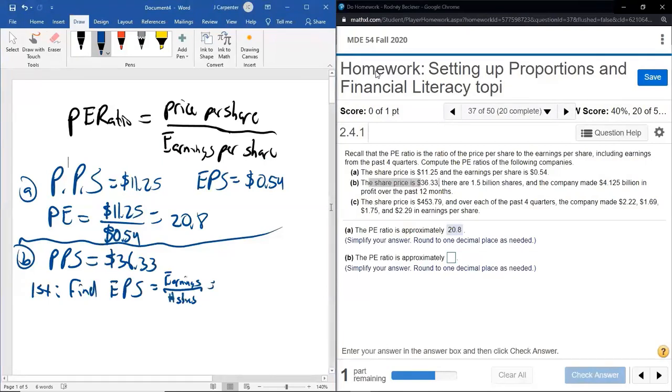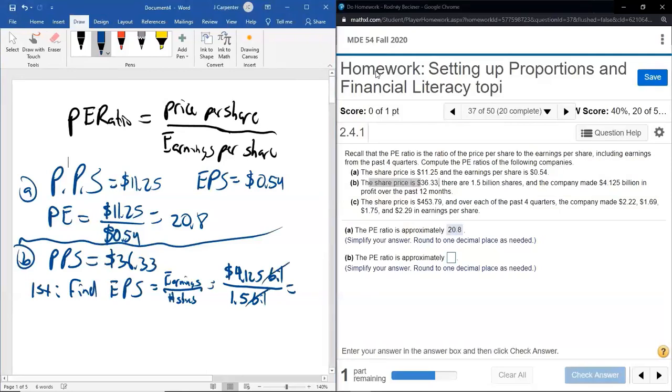Oh, no, we can't do the problem. Yes, we can. Earnings means profit. That was 4.125 billion. So since both of these things are in billions, we can just leave that with the units there. So $4.125 billion. And then the number of shares was the 1.5 billion. So 1.5 billion shares. So that's the division we're going to do.